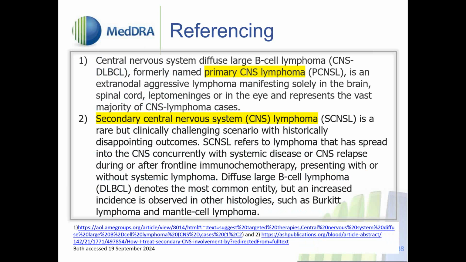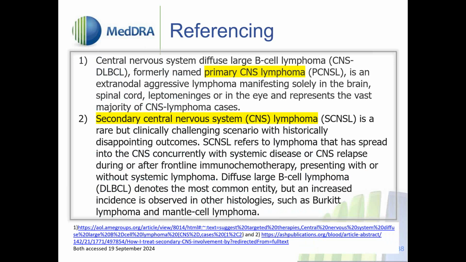The diagnosis primary CNS lymphoma has been renamed based on the newest WHO classification and is now called central nervous system diffuse large B-cell lymphoma, meaning that the primary CNS lymphoma is characteristic for DLBCL. It is an extranodal aggressive lymphoma manifesting only in the brain, spinal cord, leptomeninges, or in the eye, and represents the vast majority of CNS lymphoma cases.